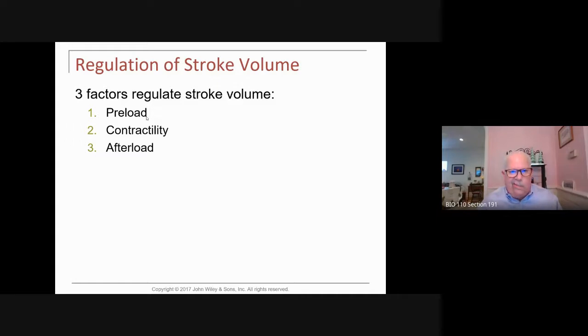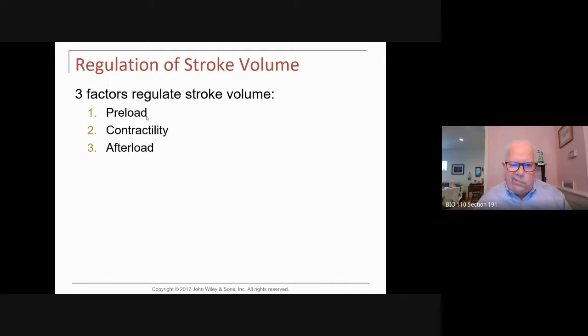Afterload is affected by the outflow tracts, the outflow valves. So if you have a problem with the aortic valve, it's known as aortic stenosis, you're going to have a problem. And there is a student who is going to give us a lecture on aortic stenosis, and that's an afterload problem.